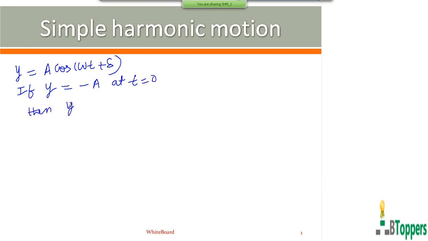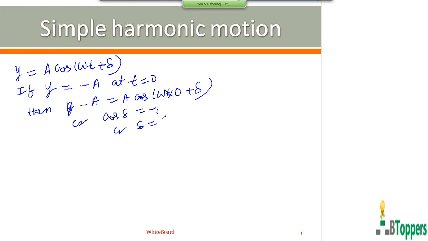Then you get cos delta equal to minus 1. You consider the first solution, delta equal to pi or 180 degrees.